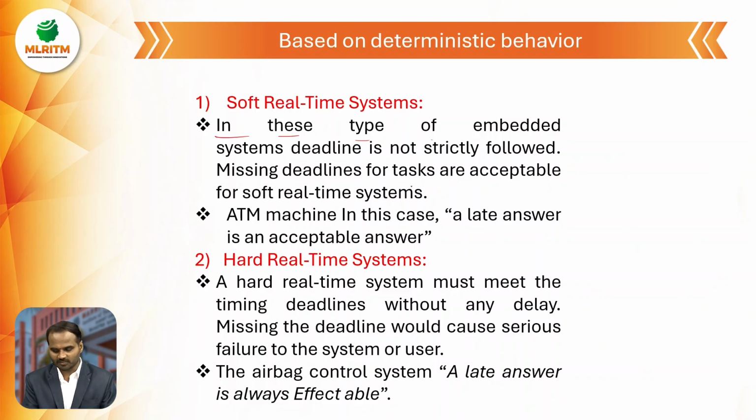Missing deadlines for tasks is acceptable for soft real-time systems. If a deadline is missed in soft real-time, that is acceptable. An example is an ATM machine, where a late answer is an acceptable answer.